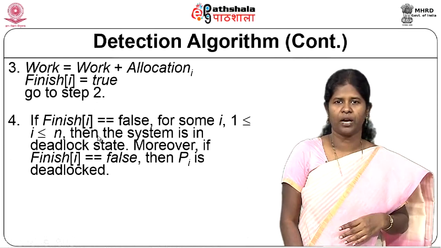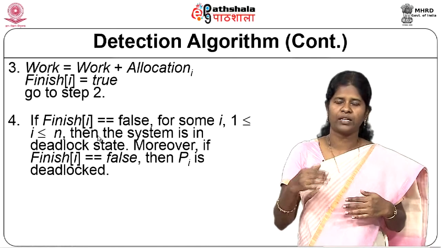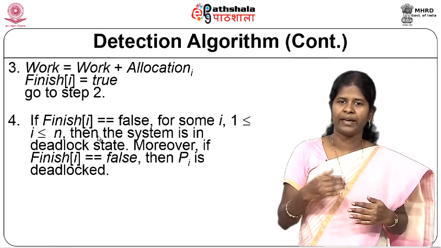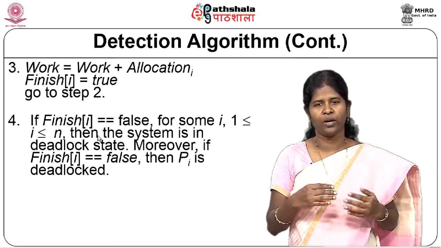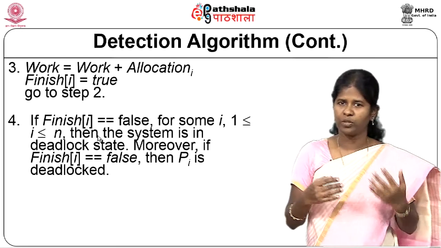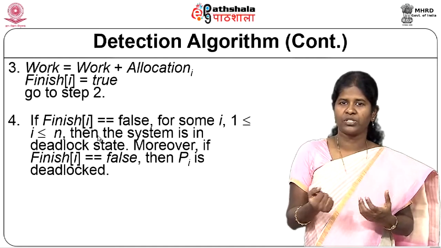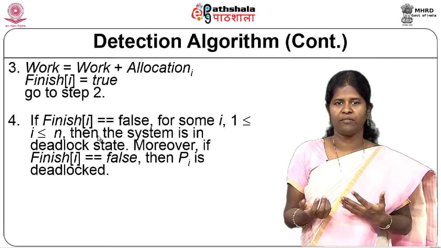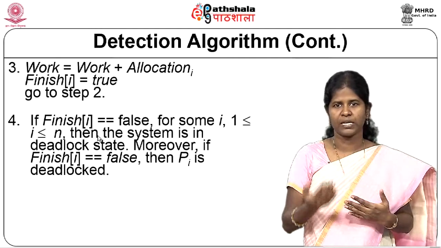If there is some process whose request is less than or equal to what is available, you try to allocate that request for that particular process, and whatever was allocated to that process earlier will also be released by that process and added to what is available. You try and see if this can be done for all the processes in the system.